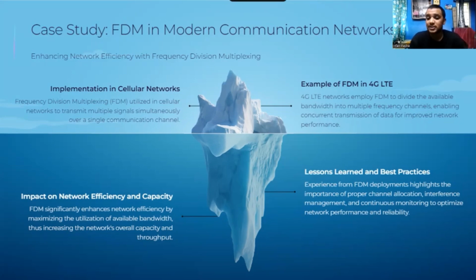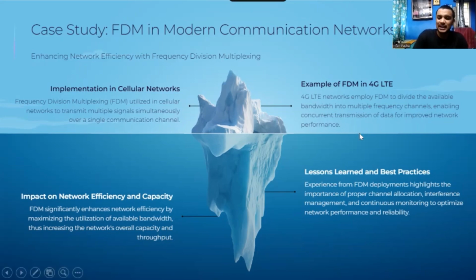Now, lessons learned and best practices. Experience from FDM deployments highlights the importance of proper channel allocation. Yes, we have to be strict with the allocation of channels. Interference management and continuous monitoring to optimize network performance and reliability. This is what the case study has to tell us.